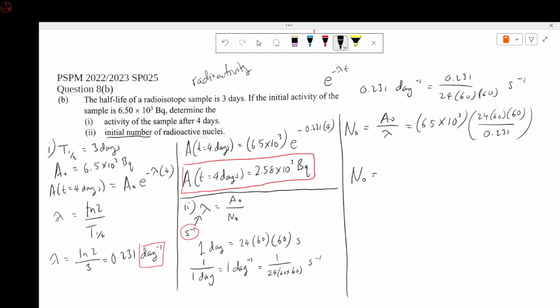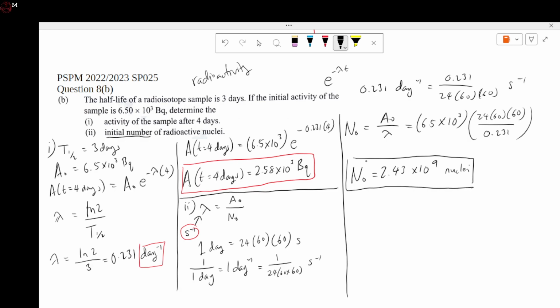That tells me the initial number of particles is 2.43 times 10 to the power of 9 nuclei. And that is the final answer for B2.